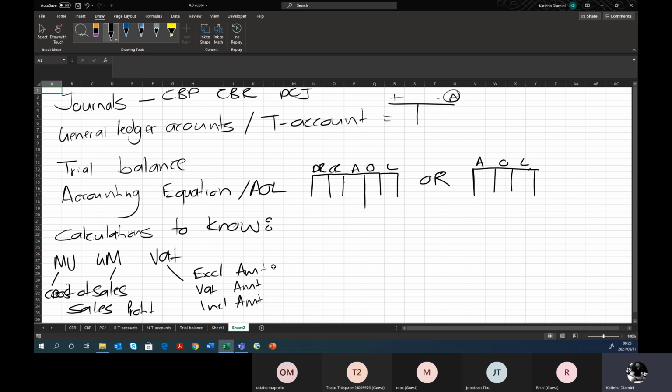So the reason for me saying you must practice is that you must look out for these patterns, to see how they call inclusive amounts and how they call exclusive amounts.